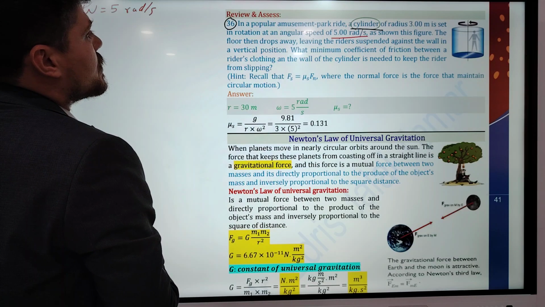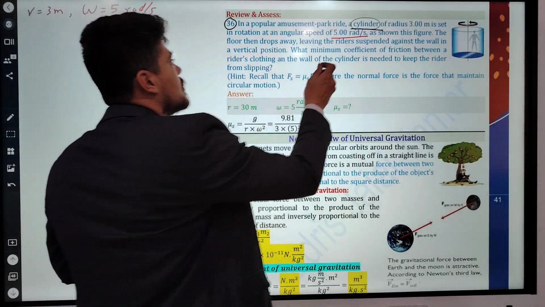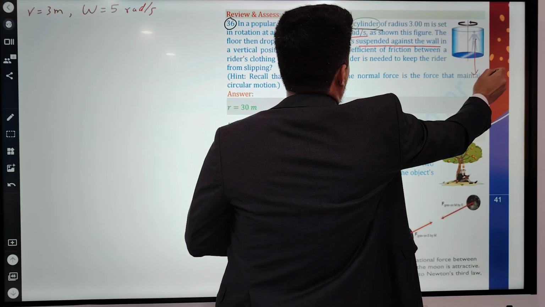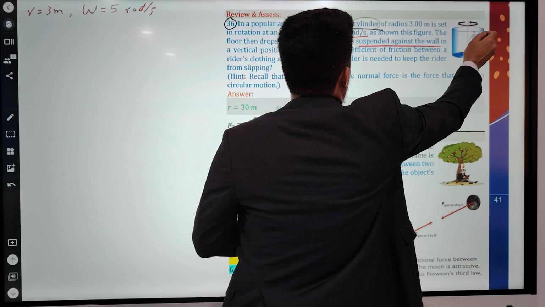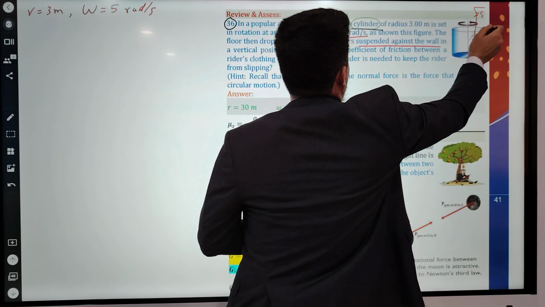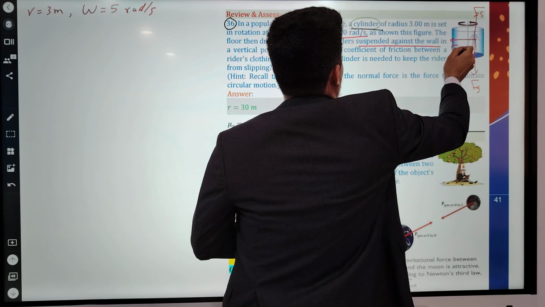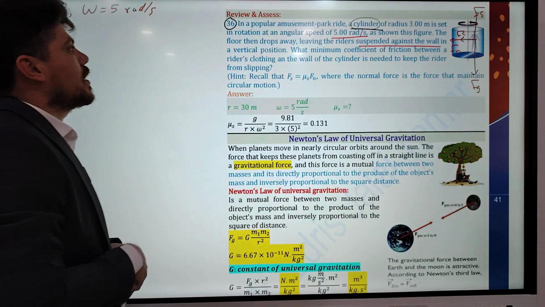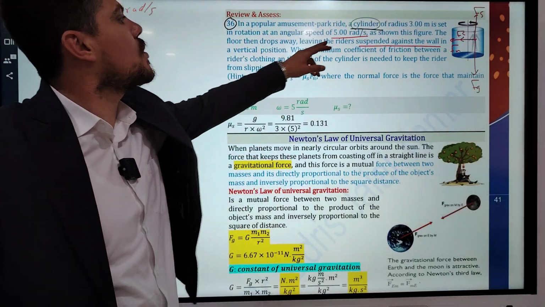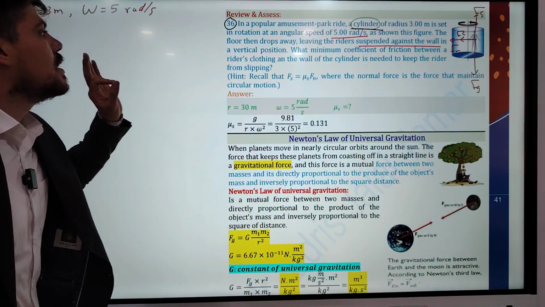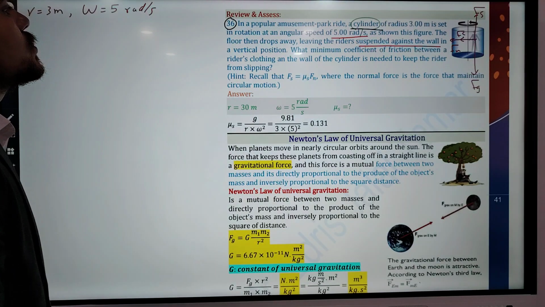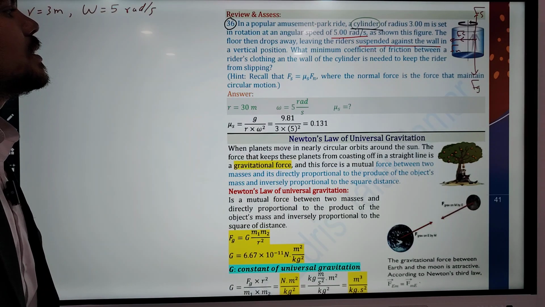The floor then drops away, leaving the rider suspended against the wall. Here, Fg is downward, Fs is upward, Fn provides Fc. In vertical, what minimum coefficient of friction between the rider's clothing and the wall of the cylinder is needed to keep the rider from slipping?